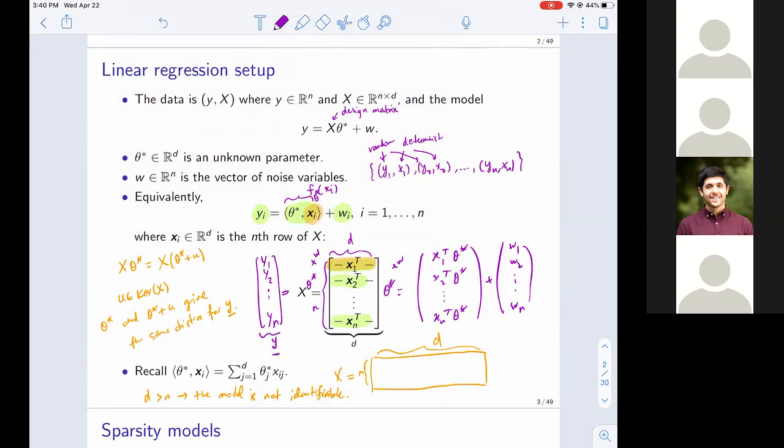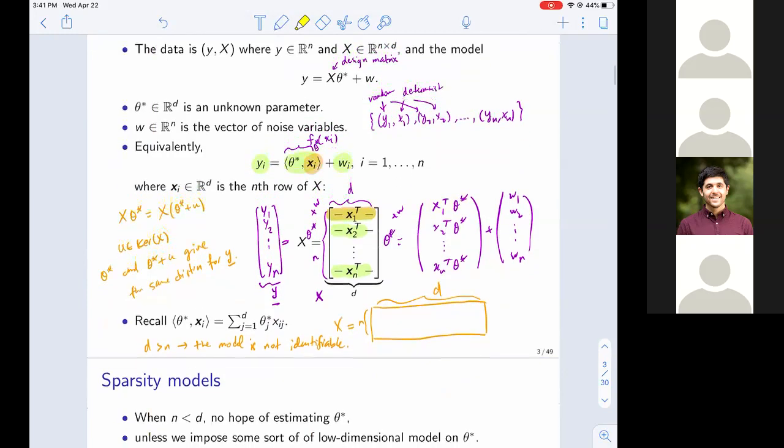And this is equal to X, which is the design matrix, times theta star. And if you consider each row of capital X as x_1 transpose, x_2 transpose, and so on, you can see that this just translates to the product here. So x_1 transpose times theta star, and so on. So these are alternative ways of writing it.